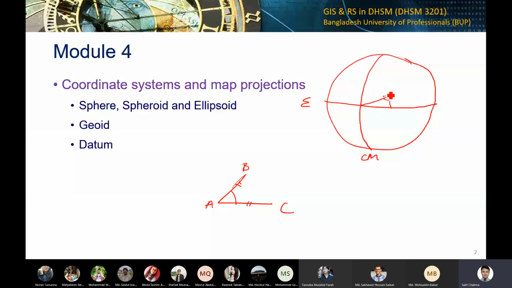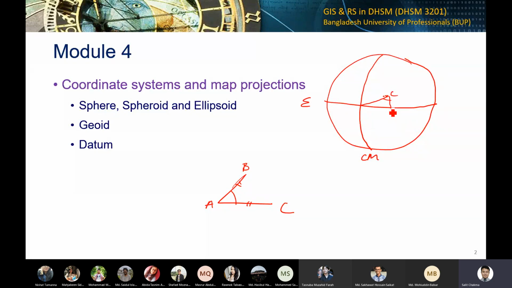Similarly, this is the center of Earth, which is C. At point C, two different sides are meeting each other, and that creates the angle between them. Now if we start moving along the equator, each point will create another side if we connect that point and the center of Earth.